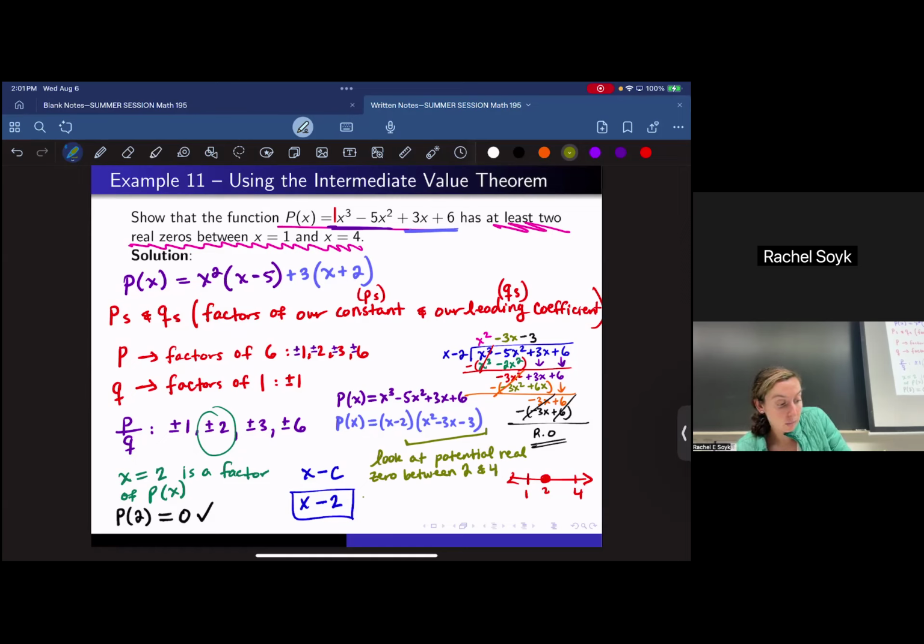And so how can we do this? Well, we know that at 2 it's equal to 0. So why don't we look at P of 3 and P of 4? Just because those are whole numbers, they'll be easy to calculate.